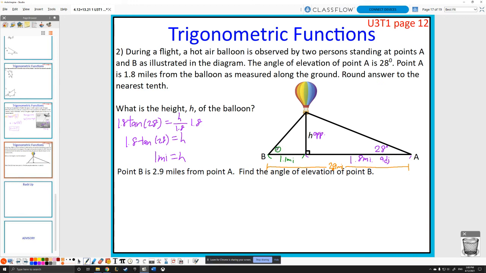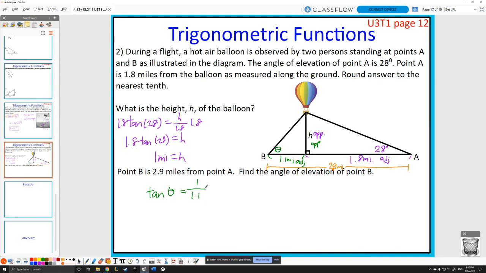And they want to find this angle measurement. Well, for this triangle from where B is, 1.1 is the adjacent. h is still the opposite. So I can still use tangent. Theta is equal to, now this time I know what it is, 1 over 1.1.